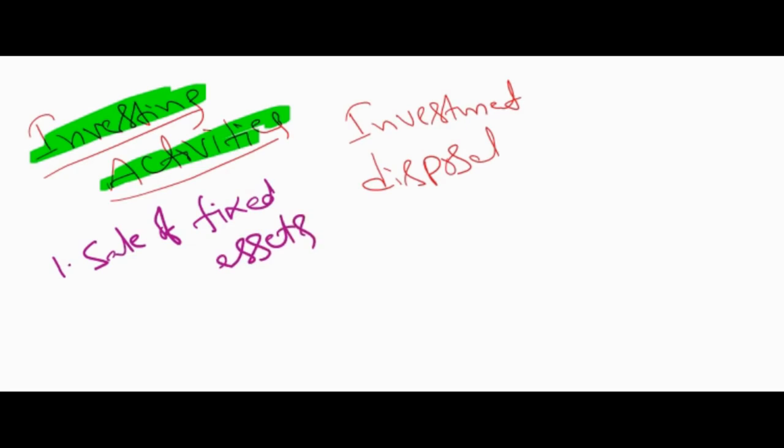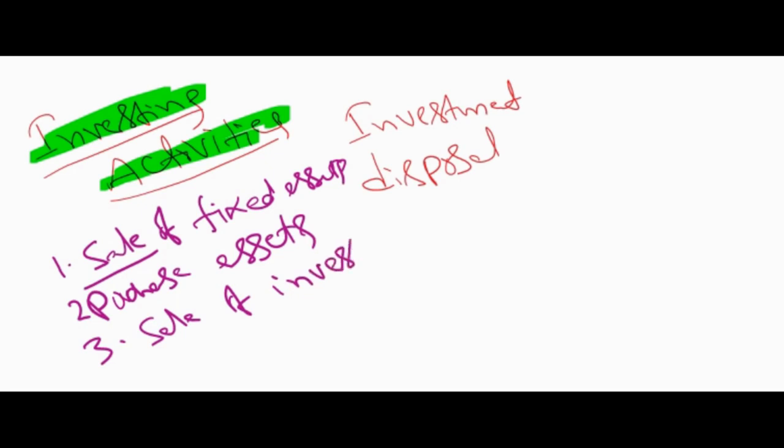Then you can record under investing activities either sale or purchase, right? Similarly, sale of investments, or purchase of investments, right? So all the activities related to sales or purchase of assets or investments are considered under investing activities.